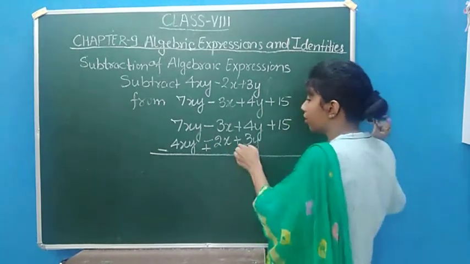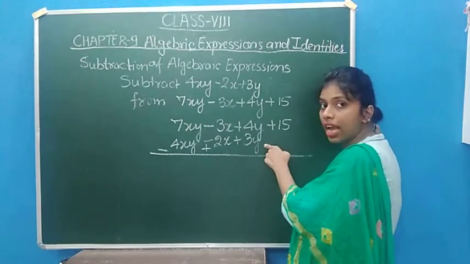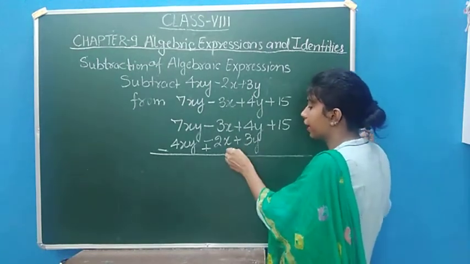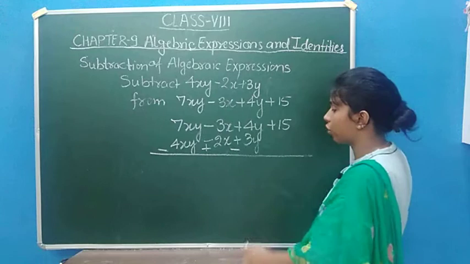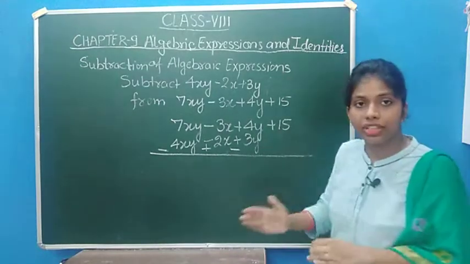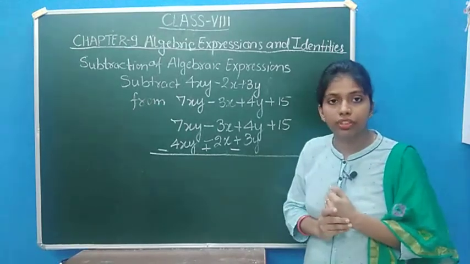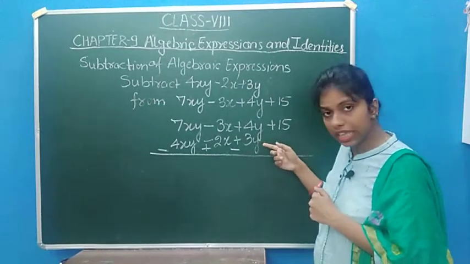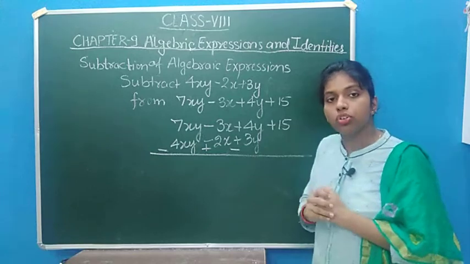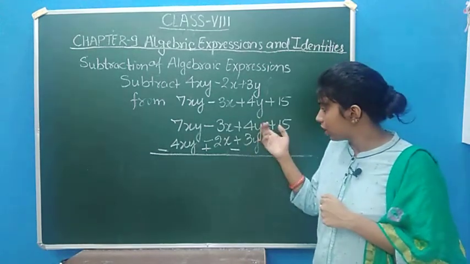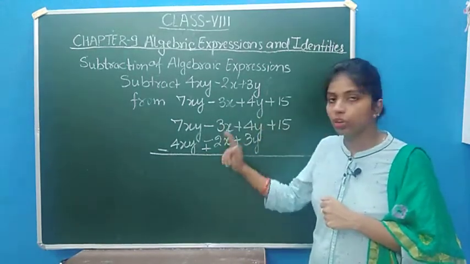After that plus 3y. The sign of plus 3y becomes minus 3y. Okay, that's all. So after changing the sign of this expression, that is right below, the sign of the expression below the first expression is changed.